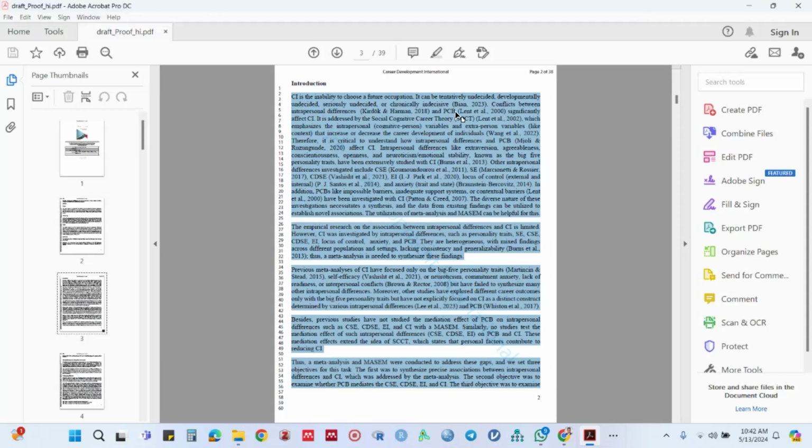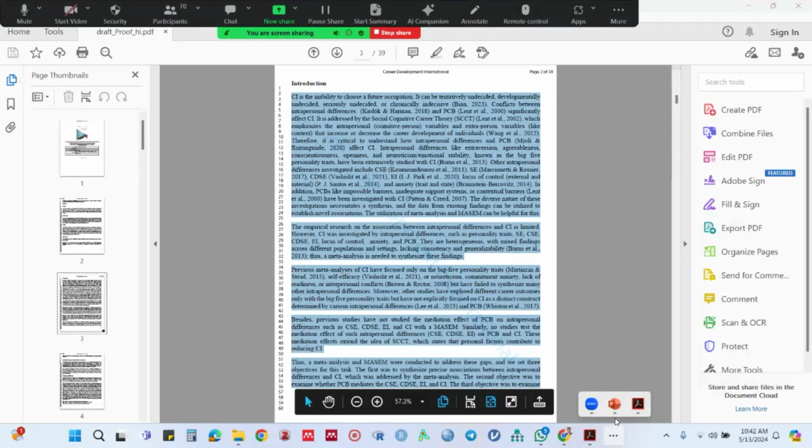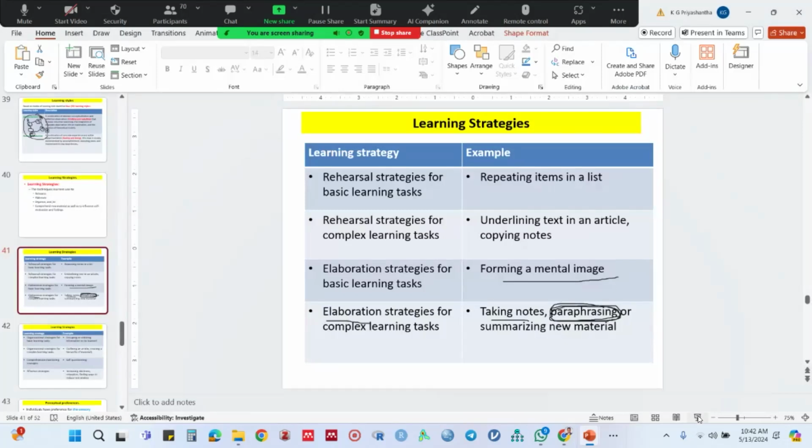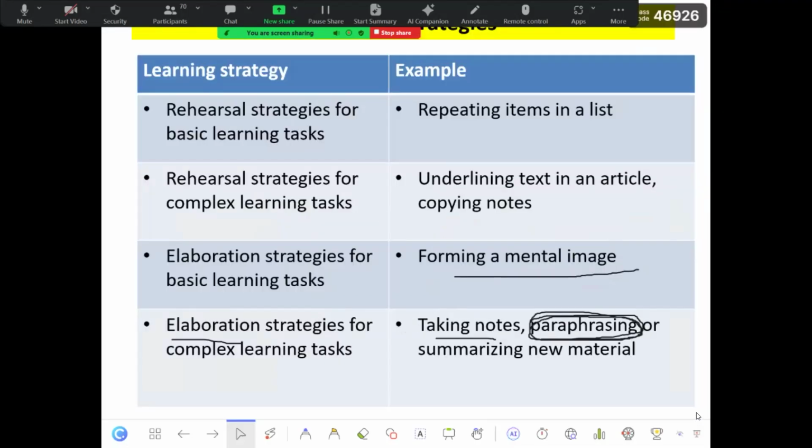For the paraphrasing, what you need to do is read the content and understand it, and write the same thing in your own words, not using the words in the text.